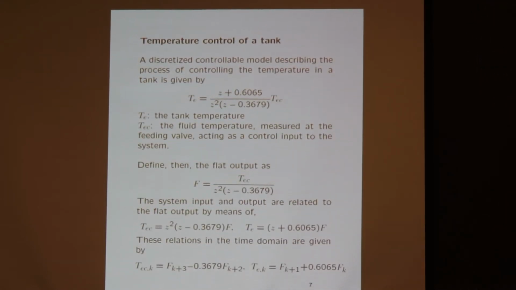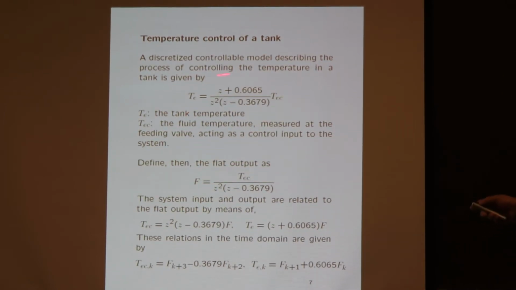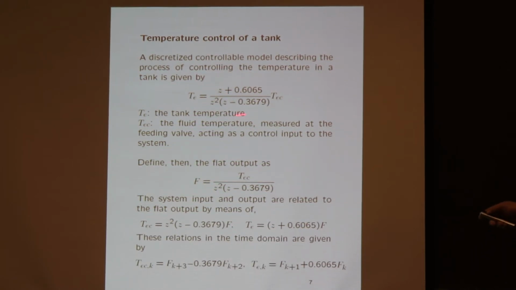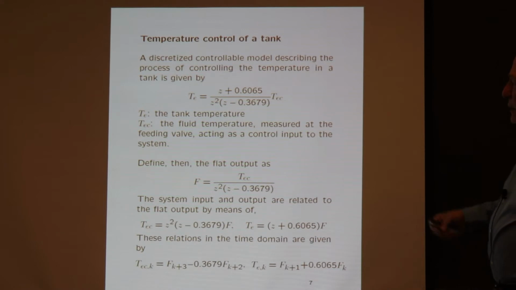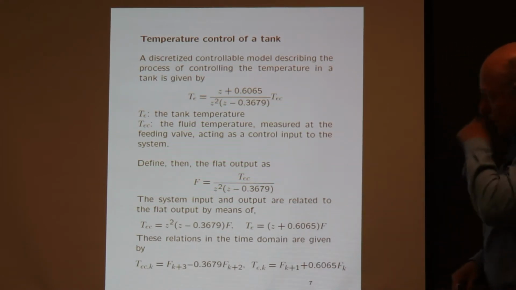Let us take an example, the temperature control of a tank, in which you have this description. This is a controllable model because you see the transfer function representation. This is the output temperature, this is the input temperature, and this represents the dynamics of how this temperature is varying from the input towards the output.